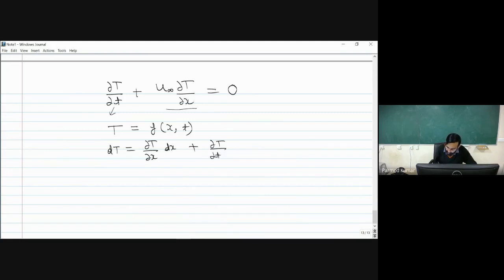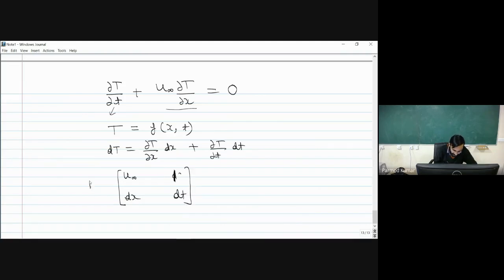Okay, so by involving these two equations, I can write my characteristic matrix as u infinity, and then 1, with dt as 1 only. Okay, and over here I will have, say, dx and dt. So this is my, say, characteristic matrix A.